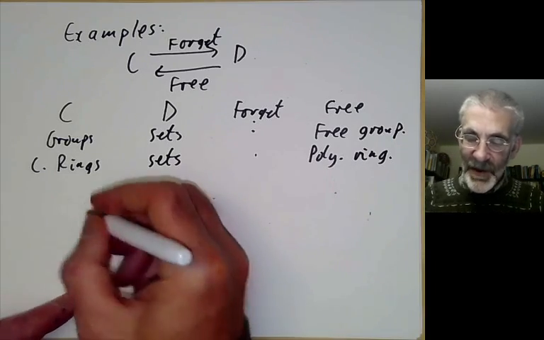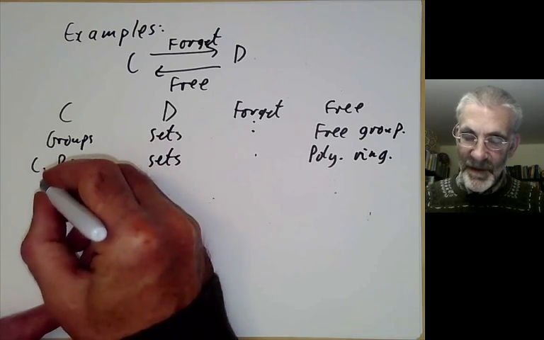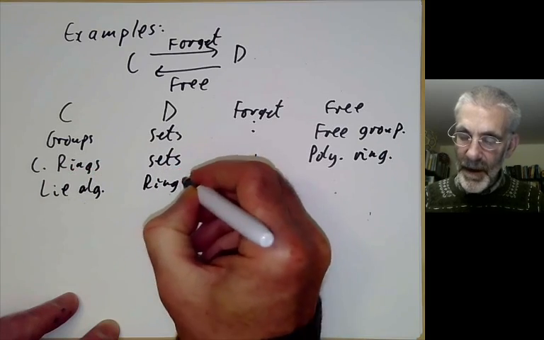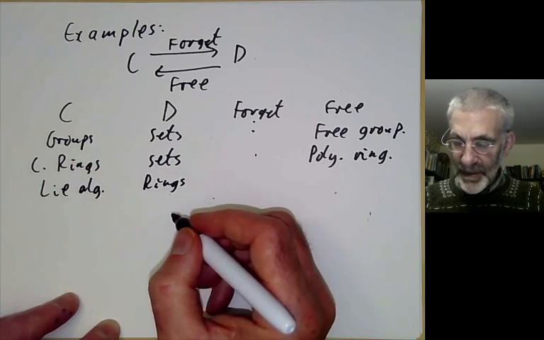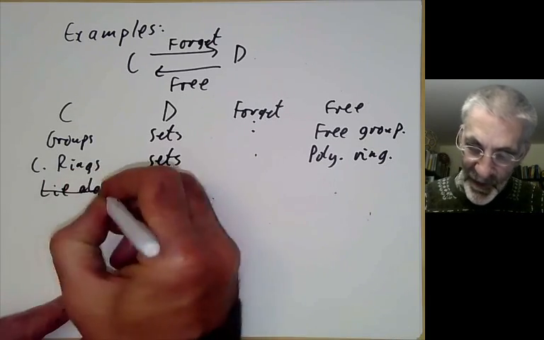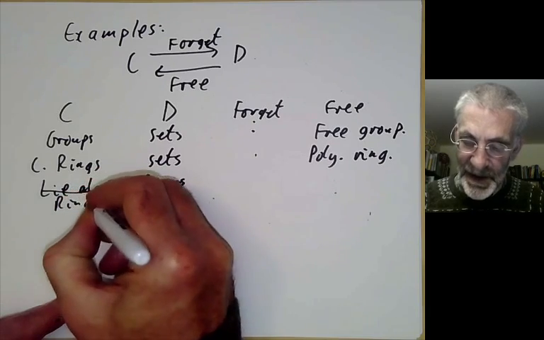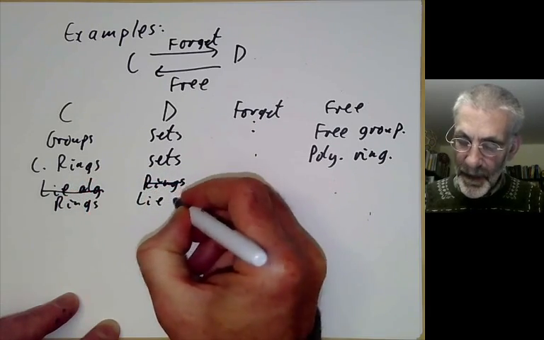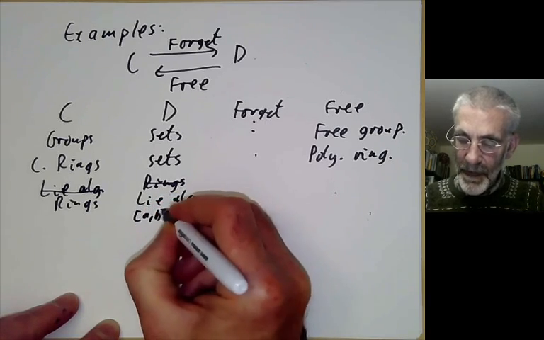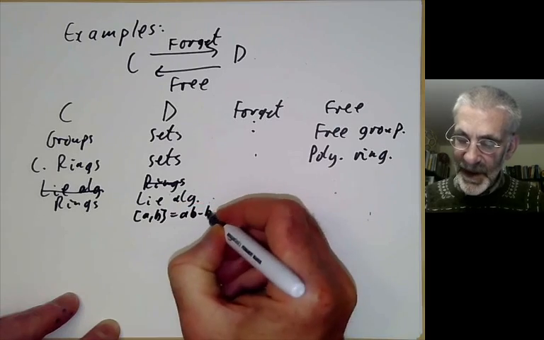If you've done Lie algebras, you know there's a forgetful functor from Lie algebras to rings, where sorry, I got it the wrong way round. It goes from rings to Lie algebras, where you define the Lie algebra bracket by [a,b] equals ab minus ba.